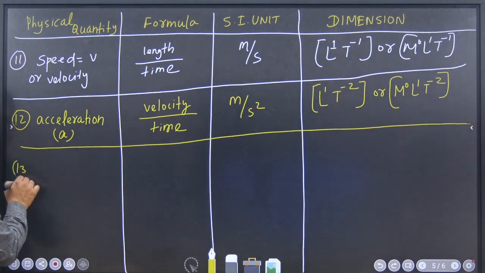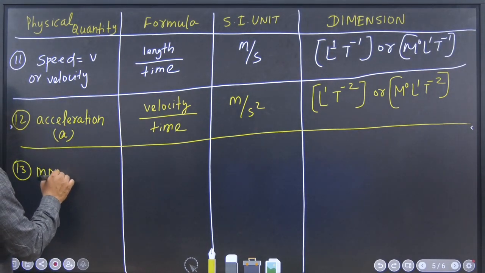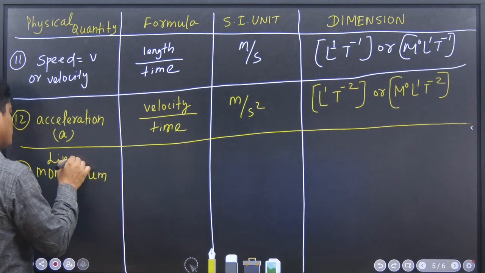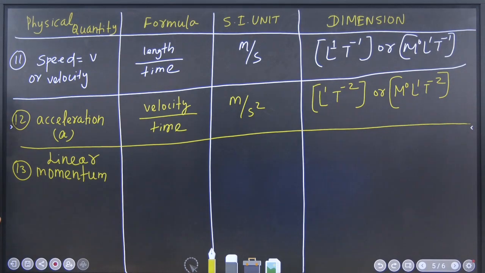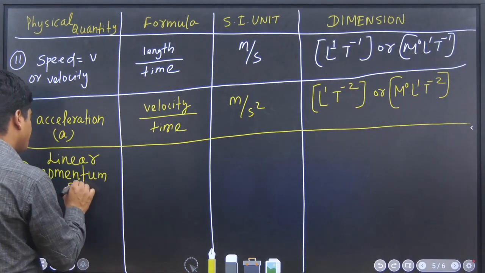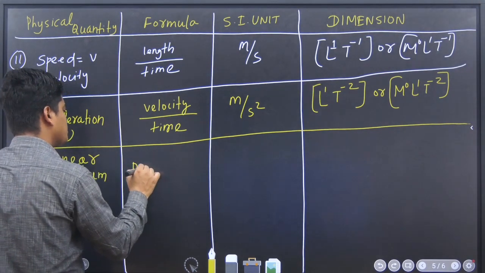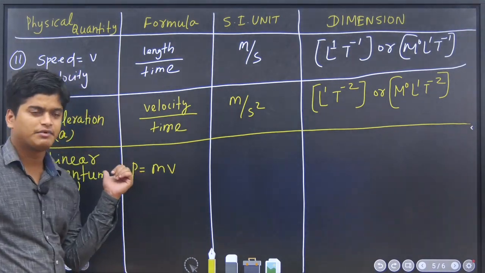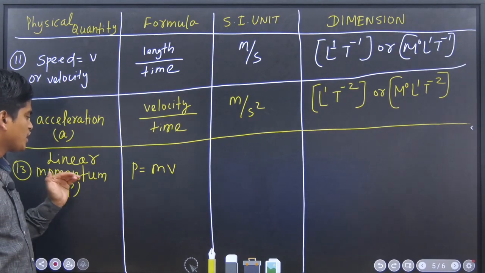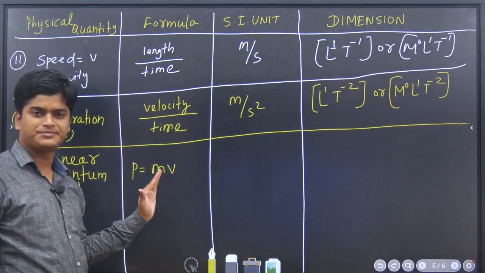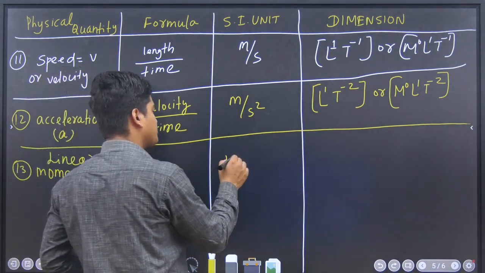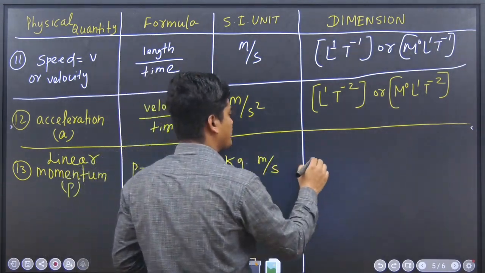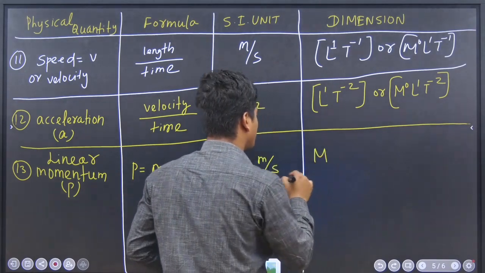Now come to the next quantity, the 13th: momentum. This is basically linear momentum. The symbol is P and the formula is P equal to mass times velocity. It is a vector quantity; remember velocity is a vector quantity, so linear momentum is also a vector quantity. Mass unit is kg and velocity unit is meter by second, so it is kg meter by second.